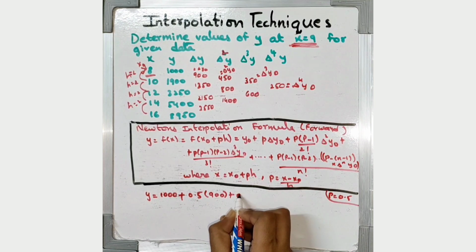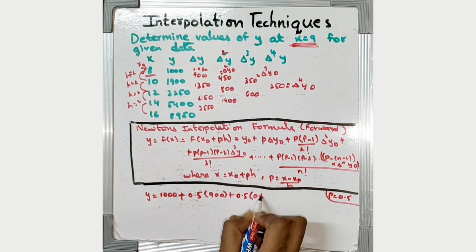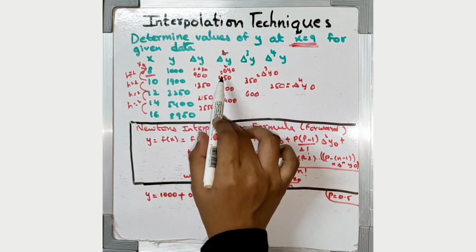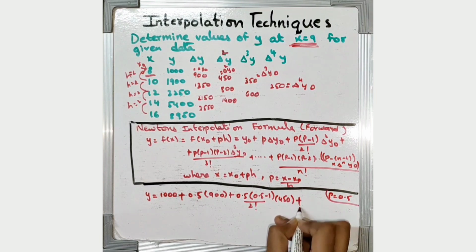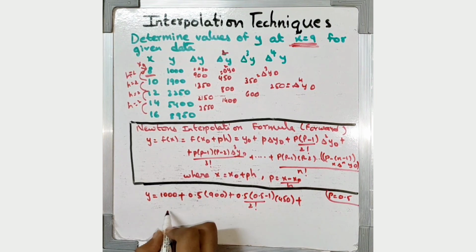That is 0.5 into 0.5 minus 1 by 2 factorial into delta square y naught, which is 450.